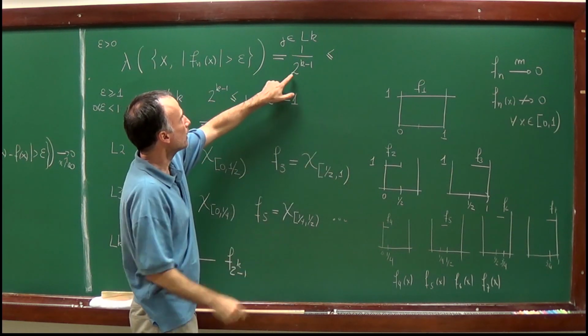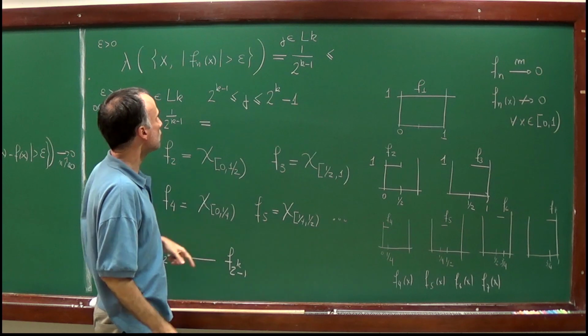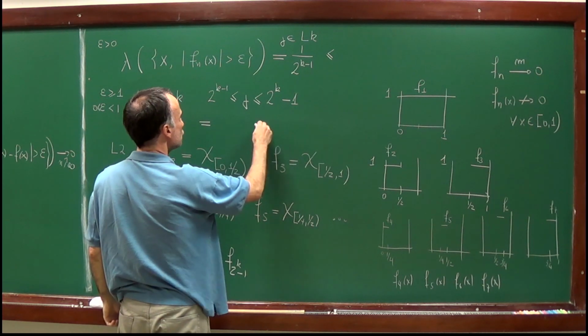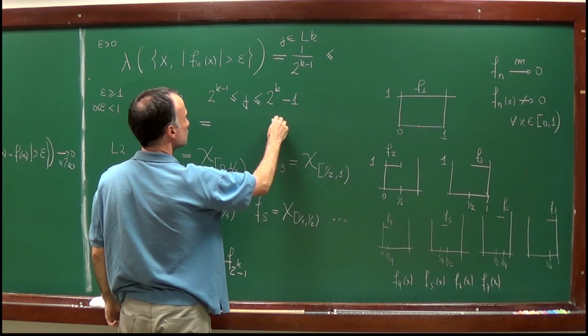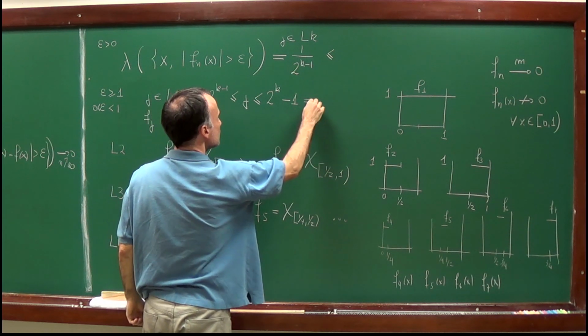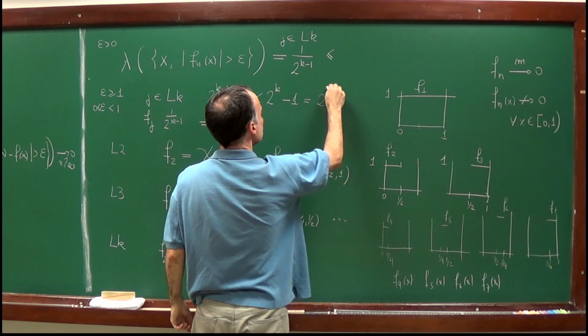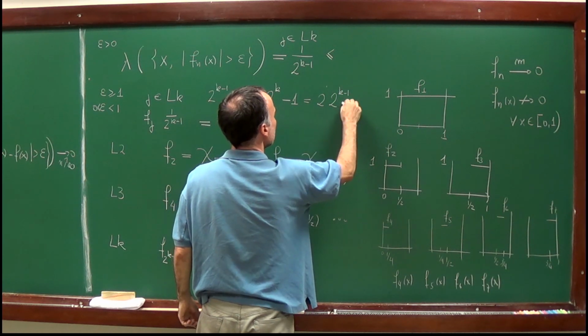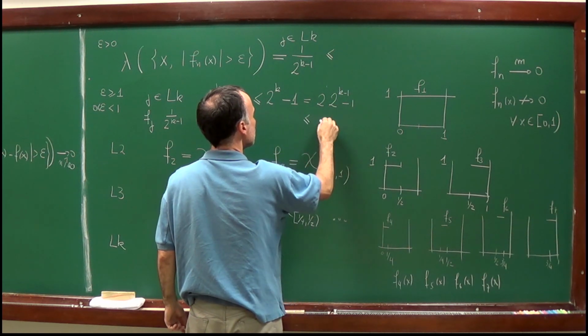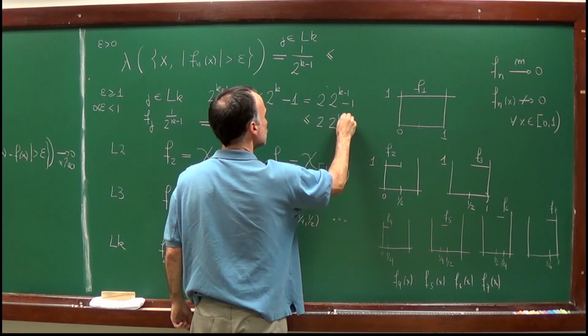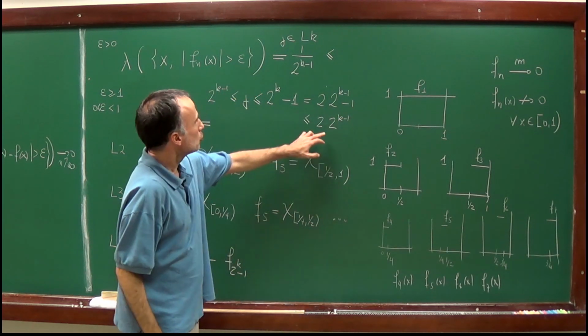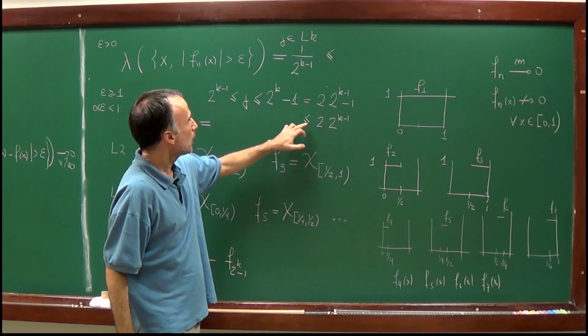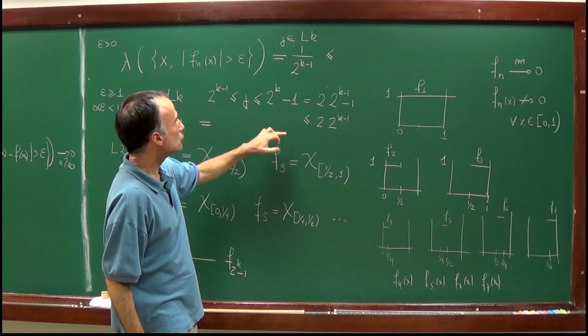You see, I need a lower bound for 2^(k-1), so I can write 2^k as 2 times 2^(k-1), and this is bounded by 2 times 2^(k-1). So 2^(k-1) is bounded below by j over 2.